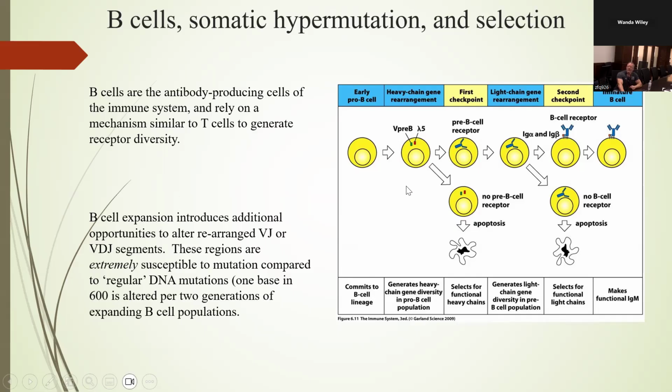to be able to make new receptors. One of the differences, however, is that the B cell receptor is extremely susceptible to mutation compared to even the mutation frequency for T cells. So remember I said for T cell receptors, that mutation frequency is about 1 in 100,000 or so. In B cells, it's 1 in 600.